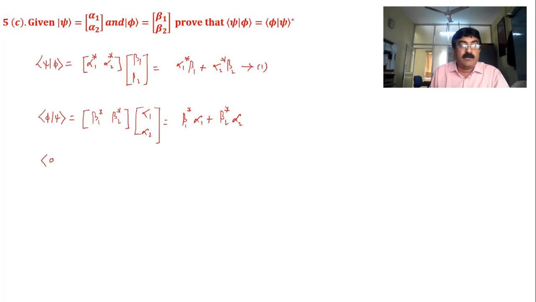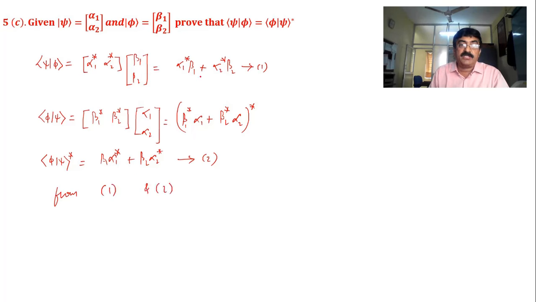Now I take the complex conjugate of the whole product. That means beta 1 star conjugate gives beta 1, alpha 1 star, plus beta 2 star conjugate gives beta 2, alpha 2 star. So for this entire thing I take the complex conjugate. This is equation number 2. Now equate equations 1 and 2. Look at equations 1 and 2 carefully.